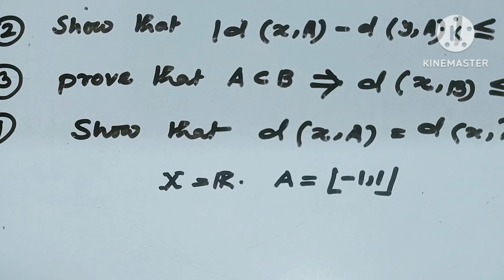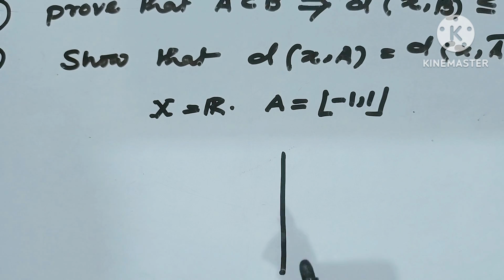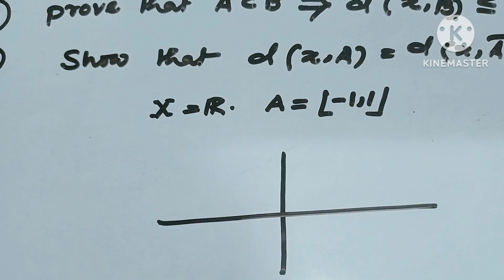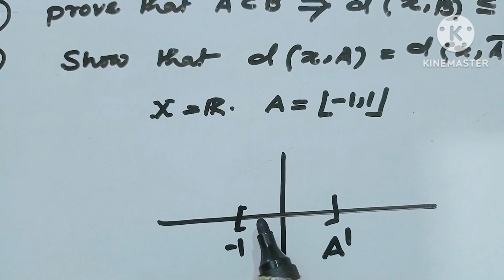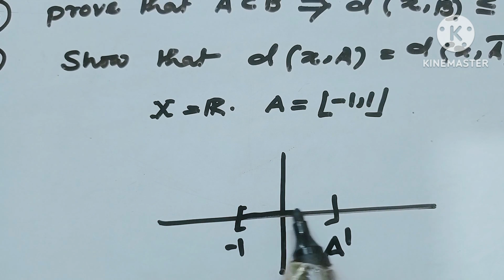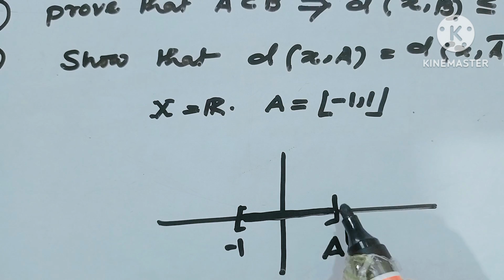See some examples. X equal to R and A equal to minus 1 to 1. Here the picture would be such type. Here the set is minus 1 to 1. When the point lies on A, then the distance would be 0.